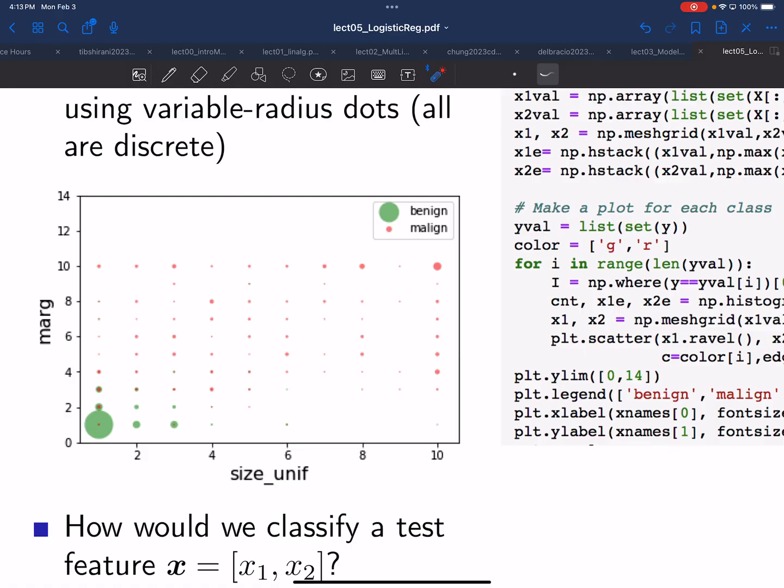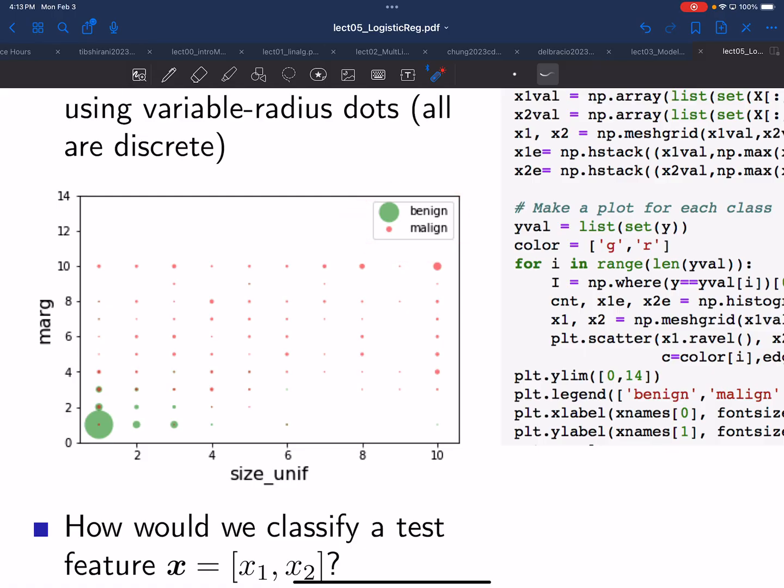So what we do instead is in the code on the right, we make the dot bigger if there's more points that fall into that particular bin. So you can see that like this bin down here, and we're using 2 different colors.